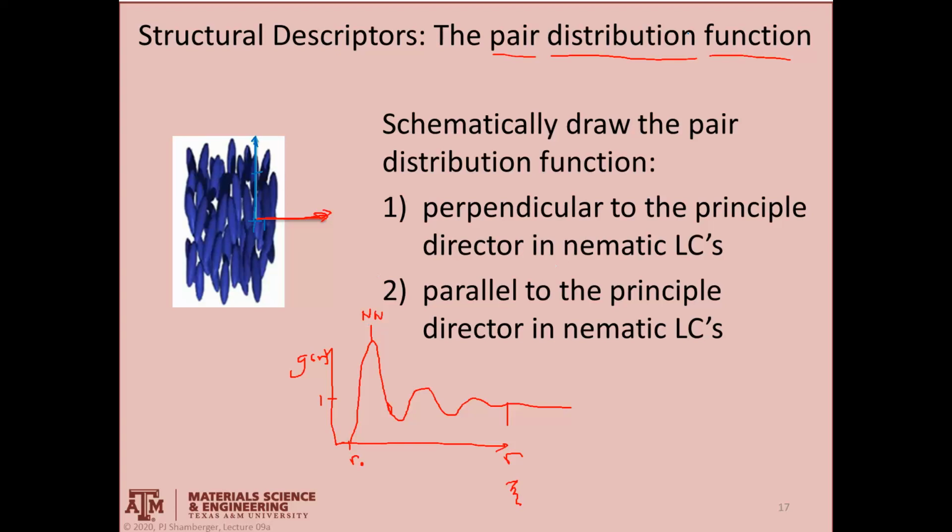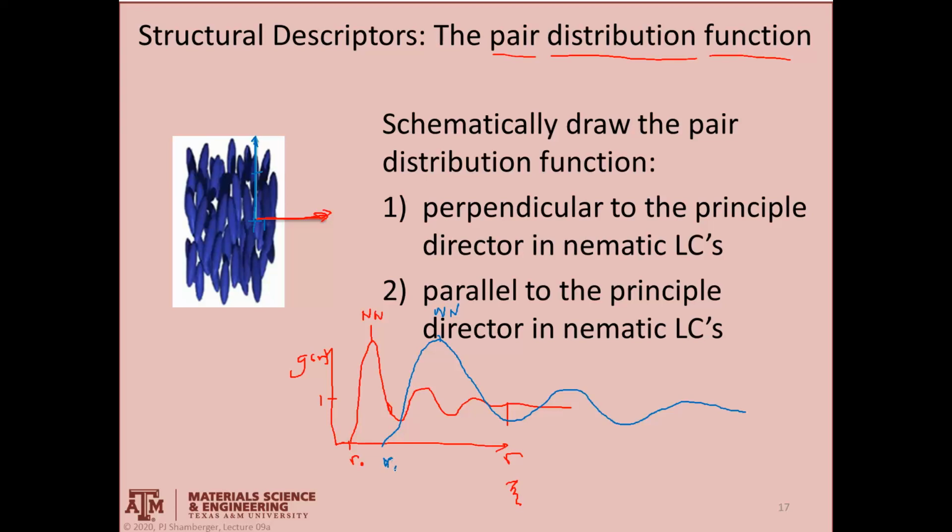So if I was going to draw the pair distribution function, and maybe I'll do it on the same axis, it would just be stretched out a lot more. I would still have a first nearest neighbor, a second nearest neighbor, maybe a third nearest neighbor, and then we would sort of flatten out. So in general, these share a lot of characteristics, but because the molecules are elongated, it's stretched out when I'm looking along that second direction.